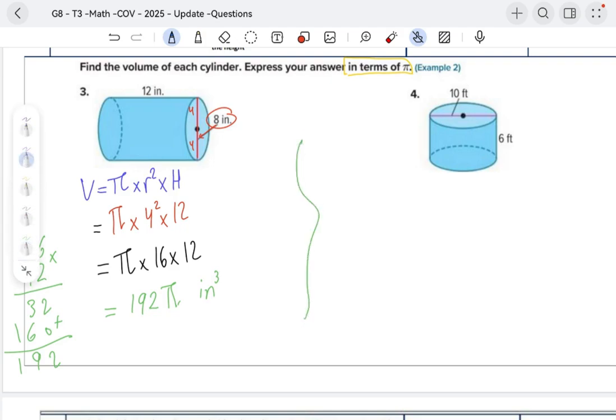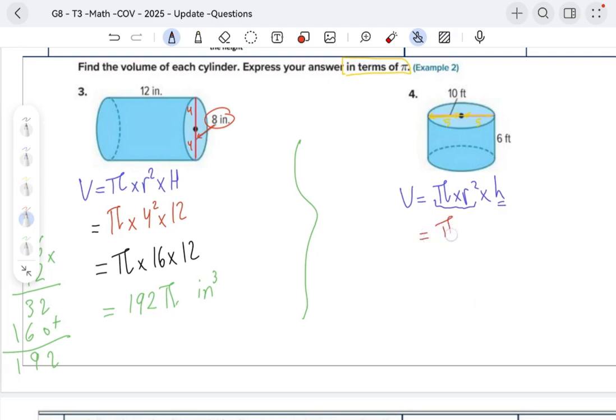Now let's go for the second equation. Also we're going to do the same. Write the formula. Pi times the radius square times the height. Remember, this is the area of the base. We're going to multiply it with the height to get the volume. Now the question gave us the diameter. The diameter is 10, so the radius will be 5. The radius here is 5 and the radius here is also 5. So we're going to substitute 5 instead of r.